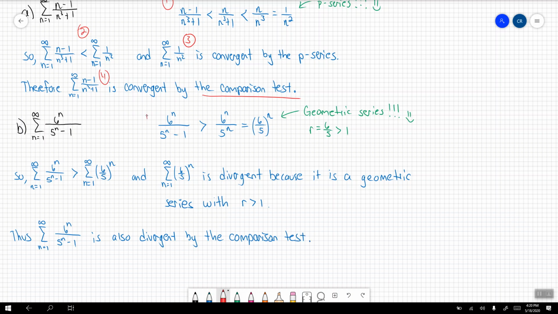Again, what I did was, number one, I found a comparison. All right, I identified that comparison, so I then said, hey, this is how we're comparing the series. Number three, I looked at, tell me what that new series is doing. Is it divergent? Is it convergent? And then tell me why. All right, it's geometric, a common ratio greater than 1, divergent, or you could tell me it converges because the common ratio is going to be less than 1.